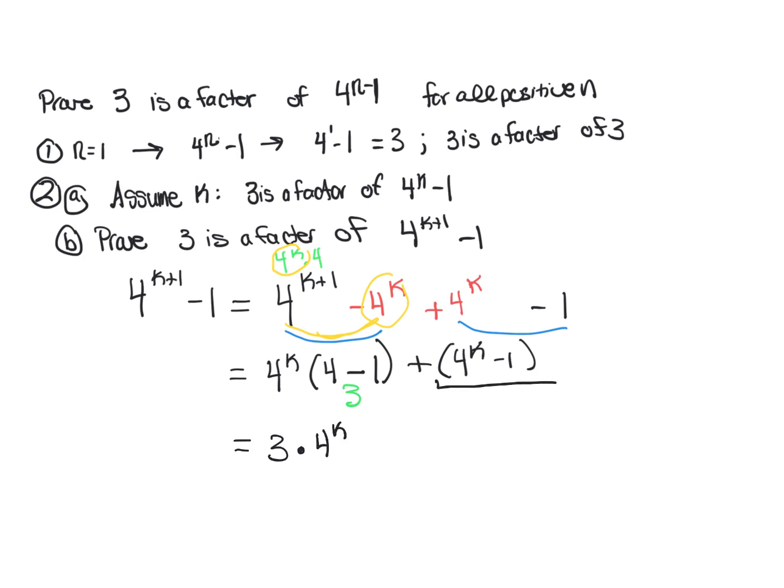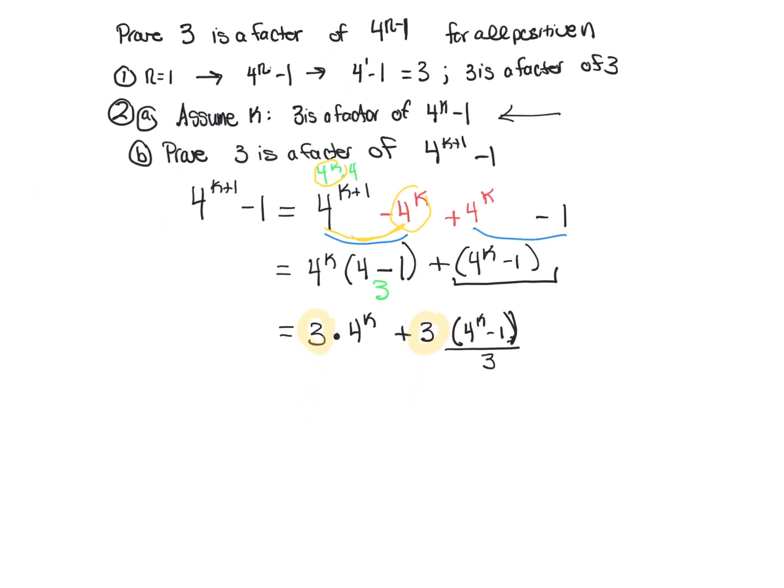And this piece right here, we know from our assumption that 3 is a factor of it. So I can do plus 3 times 4 to the k minus 1, divided by 3. I can pull a 3 out of it because we know a 3 will go into it evenly. These both have a 3 in them, and so I can write one last statement.